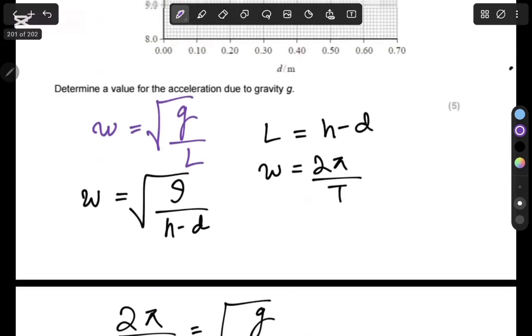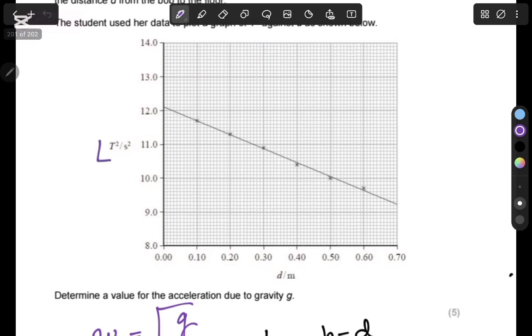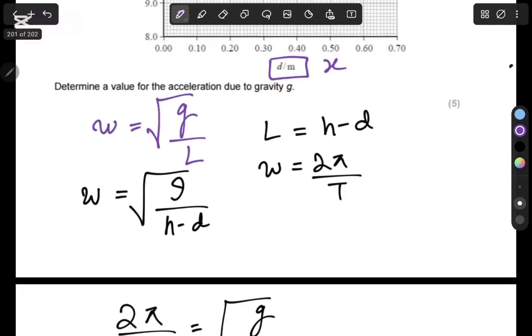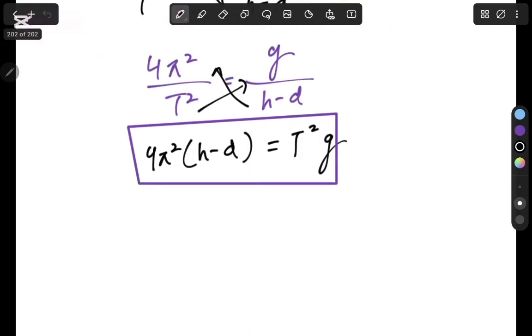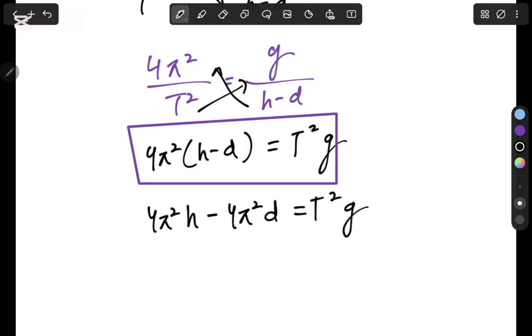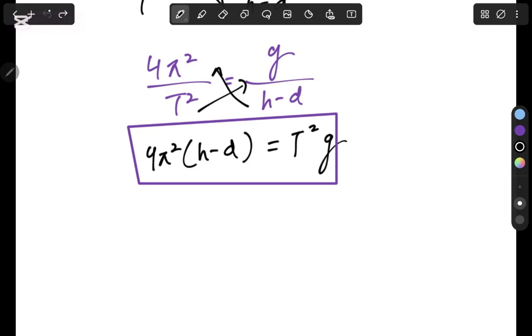And now we can compare it with the graph above. We know that T² is on the y-axis and we have distance t on the x-axis. Now I can say that 4π² h minus 4π² t is equal to T² g. Or we can actually use the expression before, since this would make it more complicated.